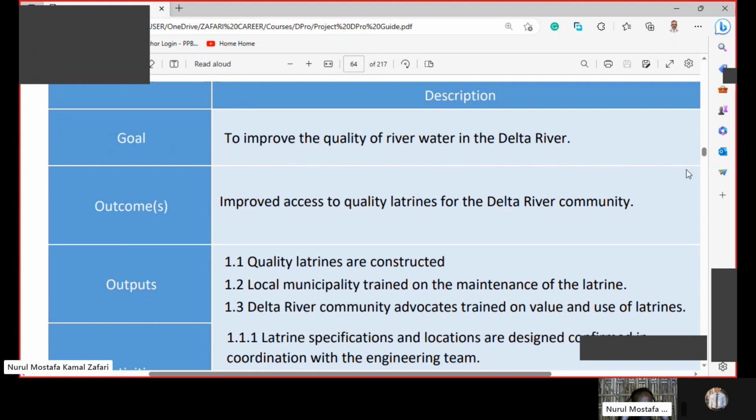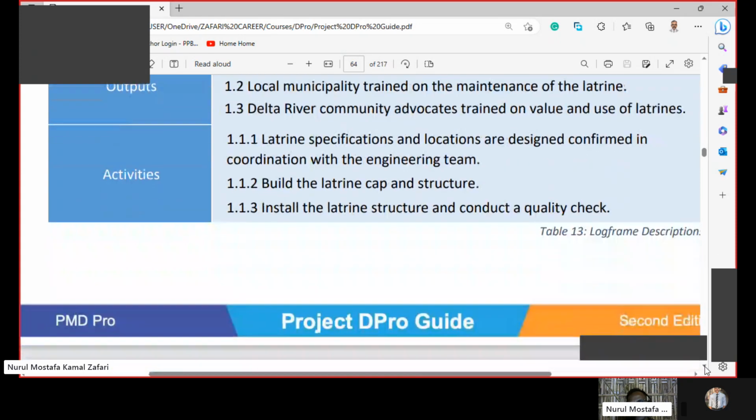It's obvious, and we have to take note that one goal can have one outcome or more outcomes. So this is the vertical logic of the logical framework. Now we are going ahead slowly.